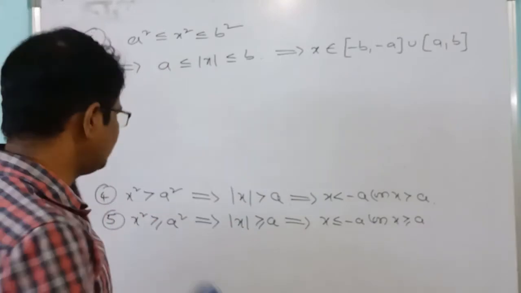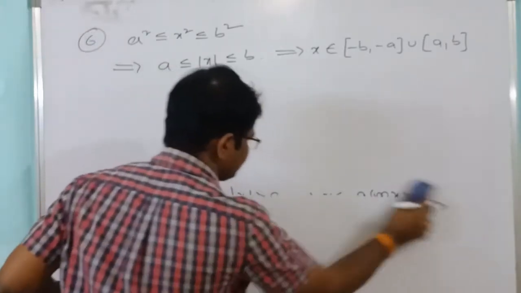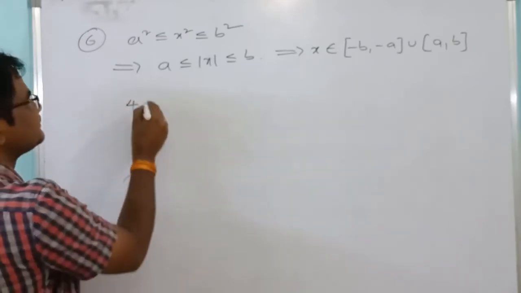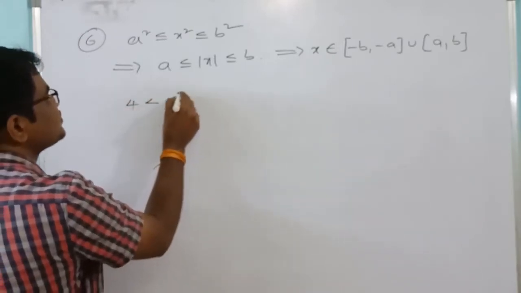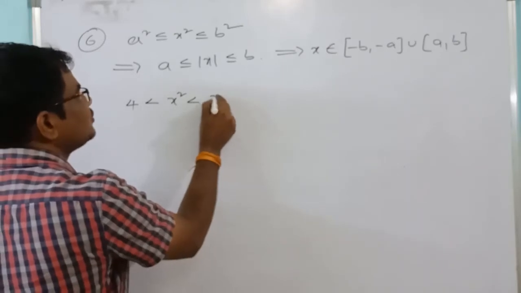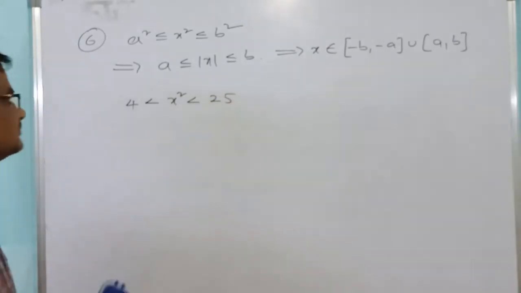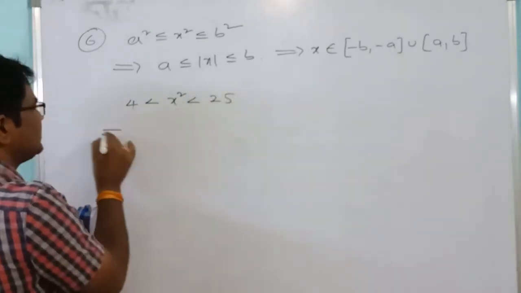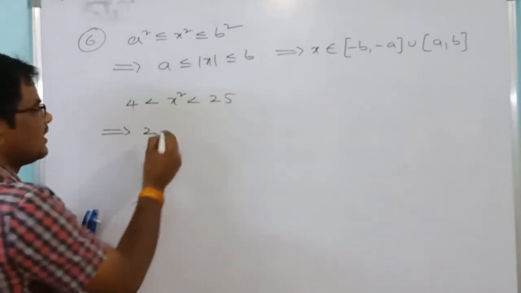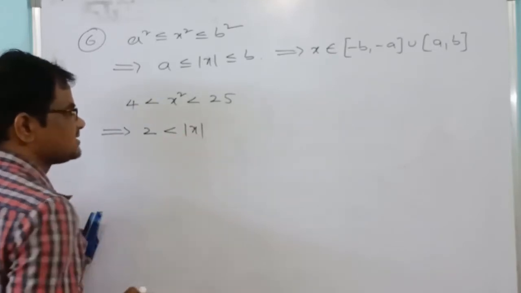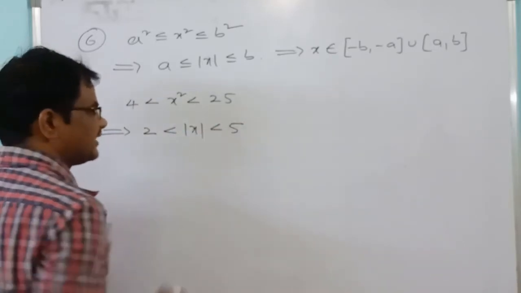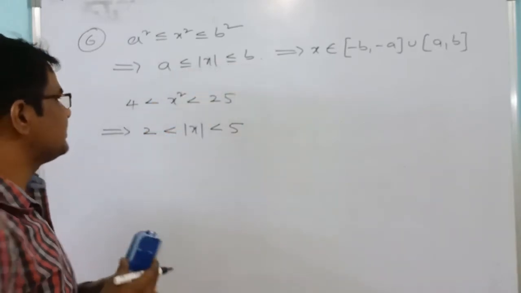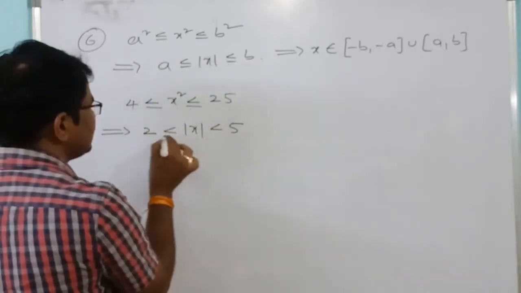How to get this? Take one example. Suppose the given is 4 less than x square less than 25. Now if you take root, you will get 2 less than mod x less than 5. There are two cases. Equality is given, so here also I will take equal to.